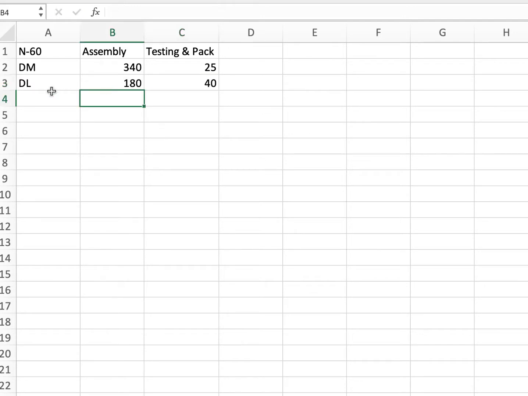Okay, so now we need to add our manufacturing overhead, but we have 2 departments, do we not? We do, and each department has its own predetermined overhead rate.